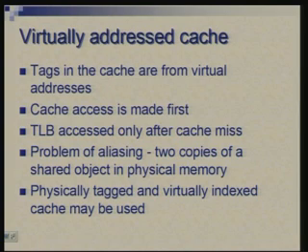Having done that, we still have the problem of aliasing. Aliasing means that you have a shared object which might be looked upon as two different virtual addresses. Let us say there is a shared data structure. In process A's virtual space it is lying somewhere, in process B's virtual space it is lying somewhere else, and depending upon how these processes are running, they may get mapped to two different areas in the cache, and it may happen that two copies exist.